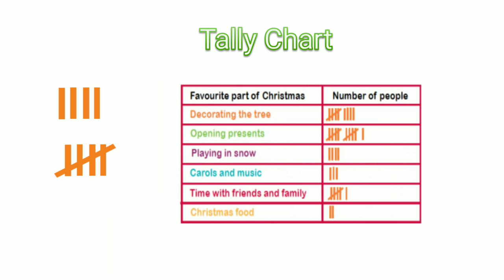Here in the box you can see a tally chart. This is the finished tally chart, so you can easily understand the data from it. You can see how a finished tally chart looks.